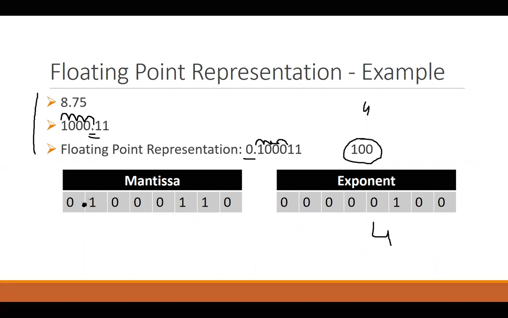Now I'm going to shift it. I'm going to move it 1, 2, 3, and 4 places to the right, because this is what my exponent is telling me. So the value is again going to become the part where I started from.